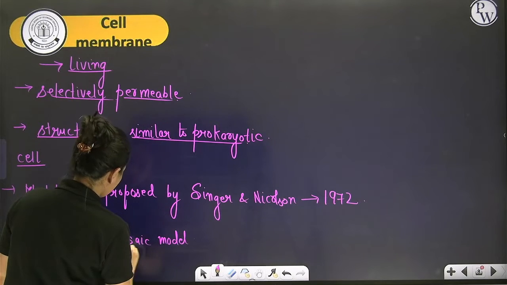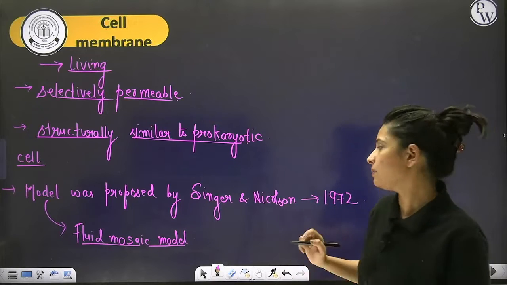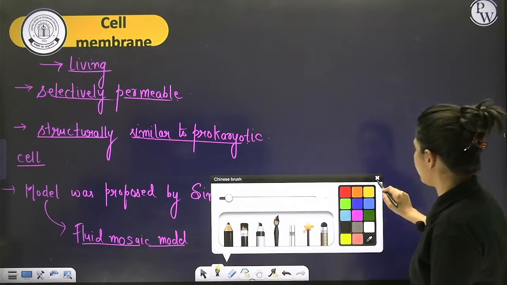So what is the name of the model? It is fluid mosaic model. Understood? Very good.